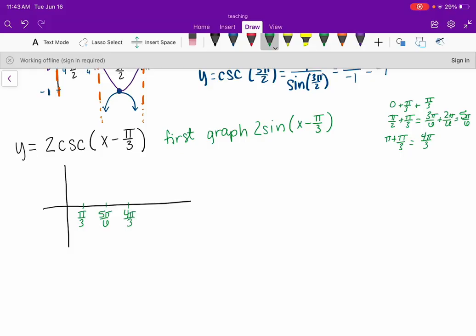My next point would be 3 pi over 2 plus pi over 3. So that's going to be 9 pi over 6 plus 2 pi over 6, or 11 pi over 6. My last point would be 2 pi plus pi over 3. So that's going to be 7 pi over 3.